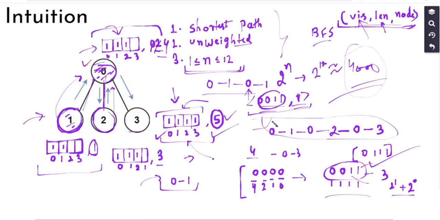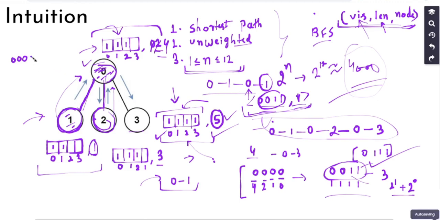This pair is unique for every path. This will make sure that I do not revisit 1 again. I will visit next node 2. How? Because here I'm claiming that this pair would be unique. So let's start from node number 0.